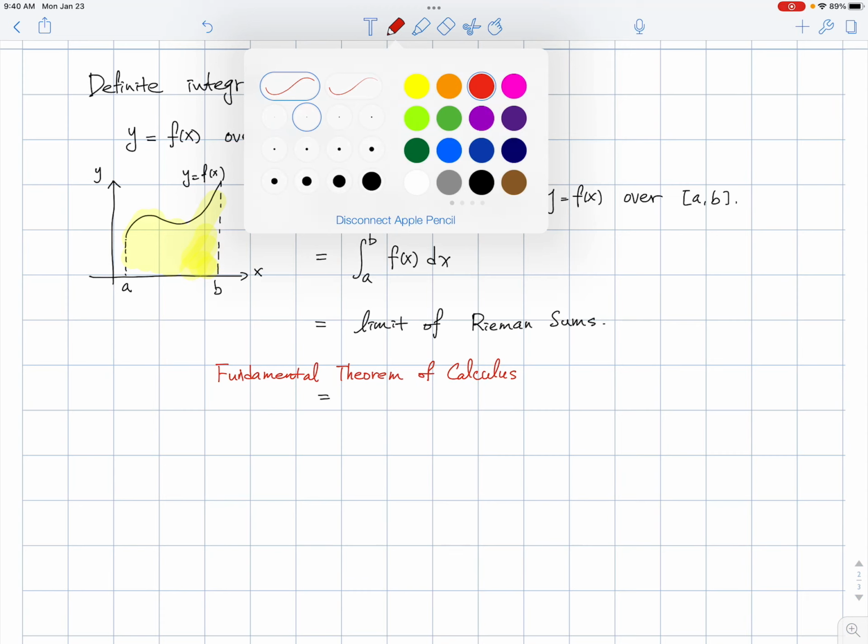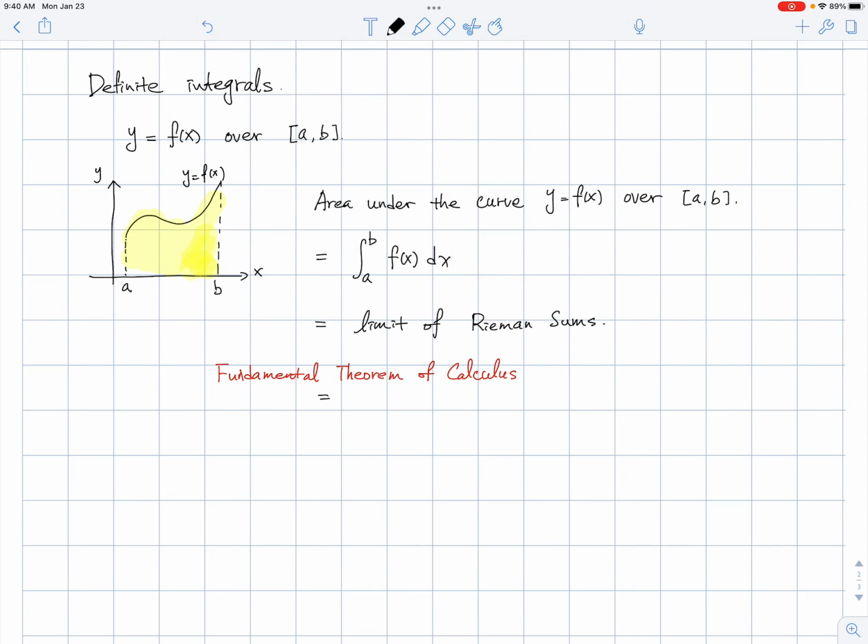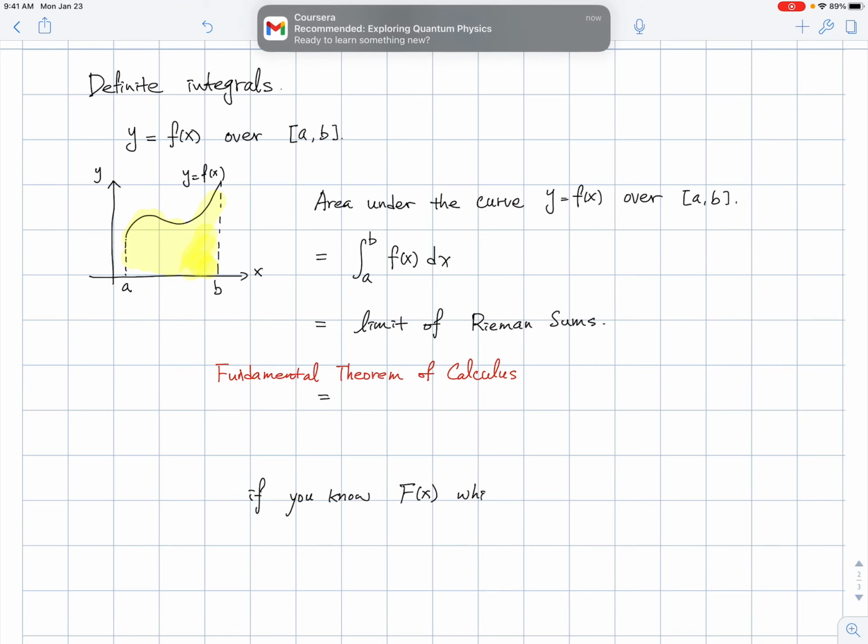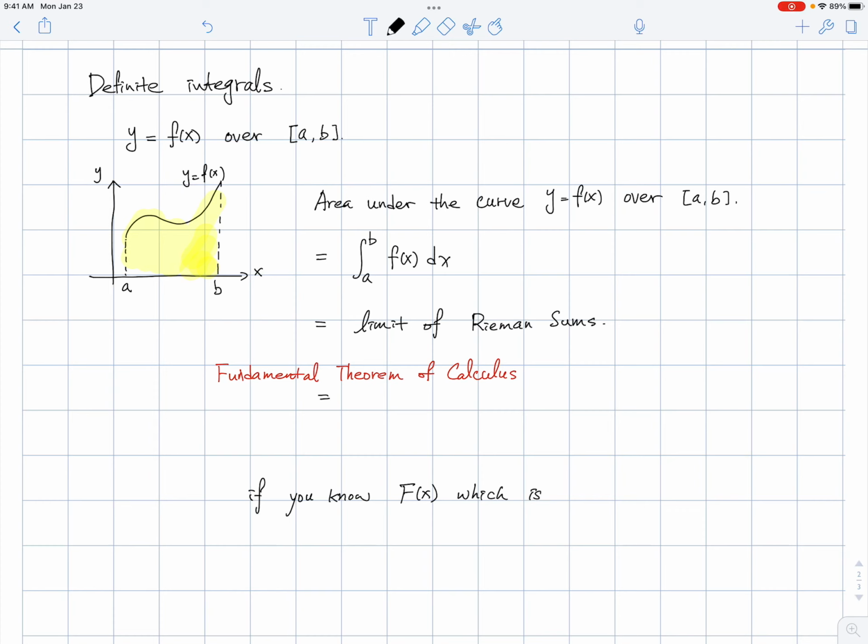Okay, so this is saying that if you know there is a function capital F which is an antiderivative of the integrand, i.e. the derivative of capital F is equal to the letter f.